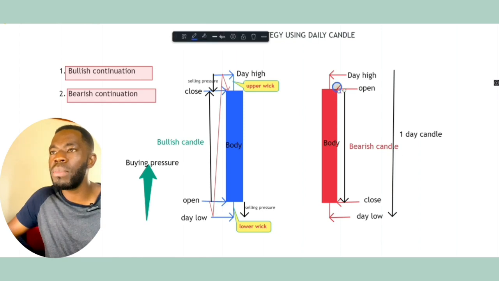But there was a little buying pressure from this opening price to this day high, okay.